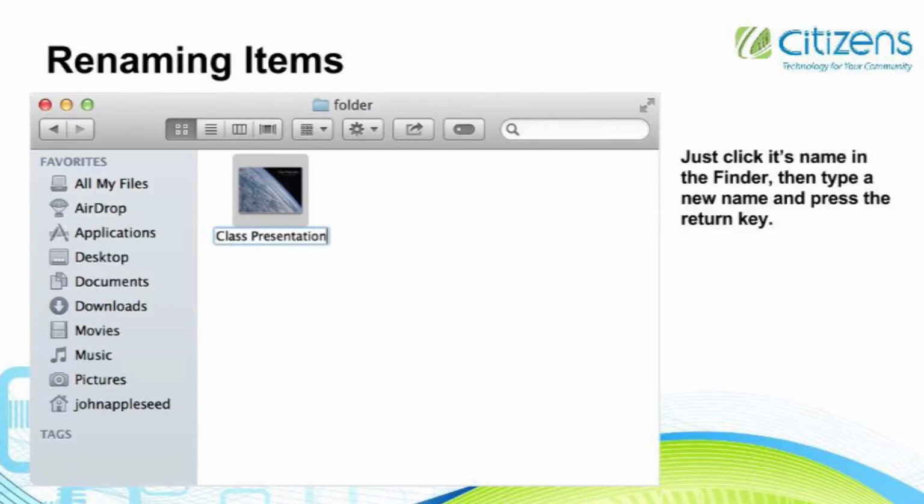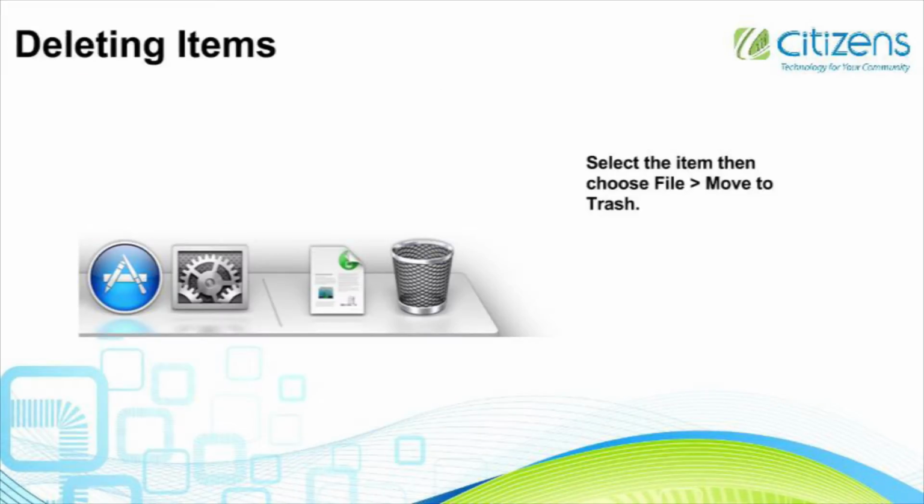And you can always change this. Whatever name that you put in it isn't going to be permanent. You can always go back and change it. So deleting items, you can select the item, the file, the folder, whatever, and drag it to the little trash can icon that is on your dock. And that's how you delete an item.